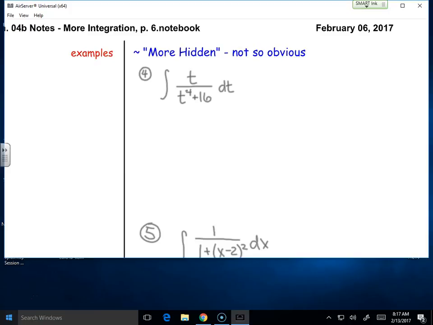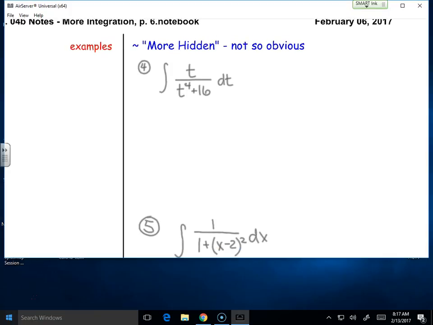more hidden. Why isn't this a normal u-sub? Can you guys tell? Don't write it. If I was mean, I'd say write it, and I'd say, here, let's go, and then, oh, it doesn't work. Why should you not choose the u I'm choosing? I know it's a Monday, but why doesn't it work? Yeah, do you see how we don't have what we want?